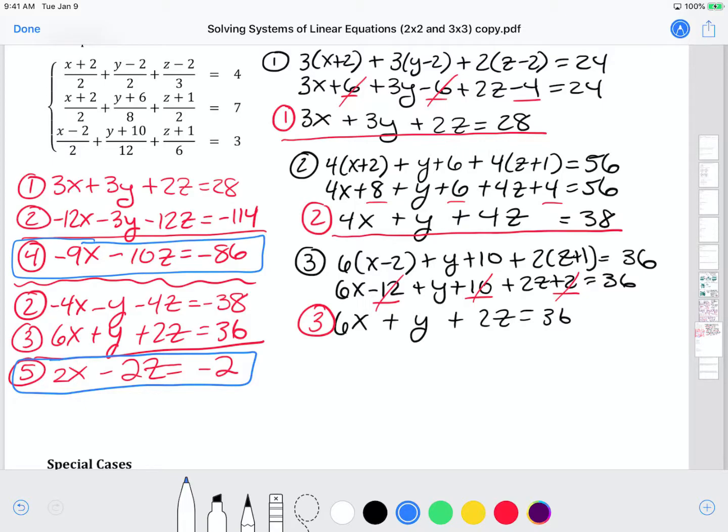So let's finish this over here. I'm going to take equation 4 and just copy it down. I'm going to get negative 9x minus 10z is equal to negative 86. Now I'm going to multiply equation 5 by negative 5.